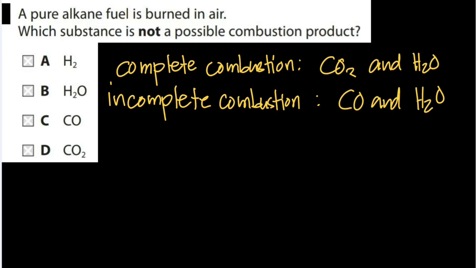So among the choices here, hydrogen gas, H2, is not produced in any type of combustion of an alkane. It would actually burn and not form. So the answer here should be hydrogen gas, letter A.